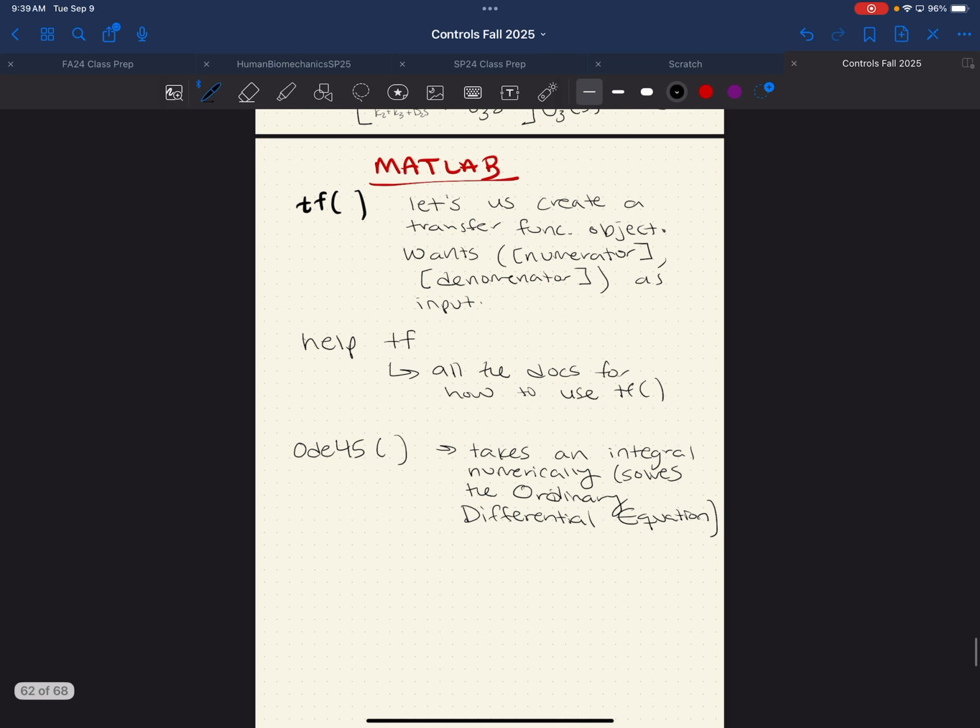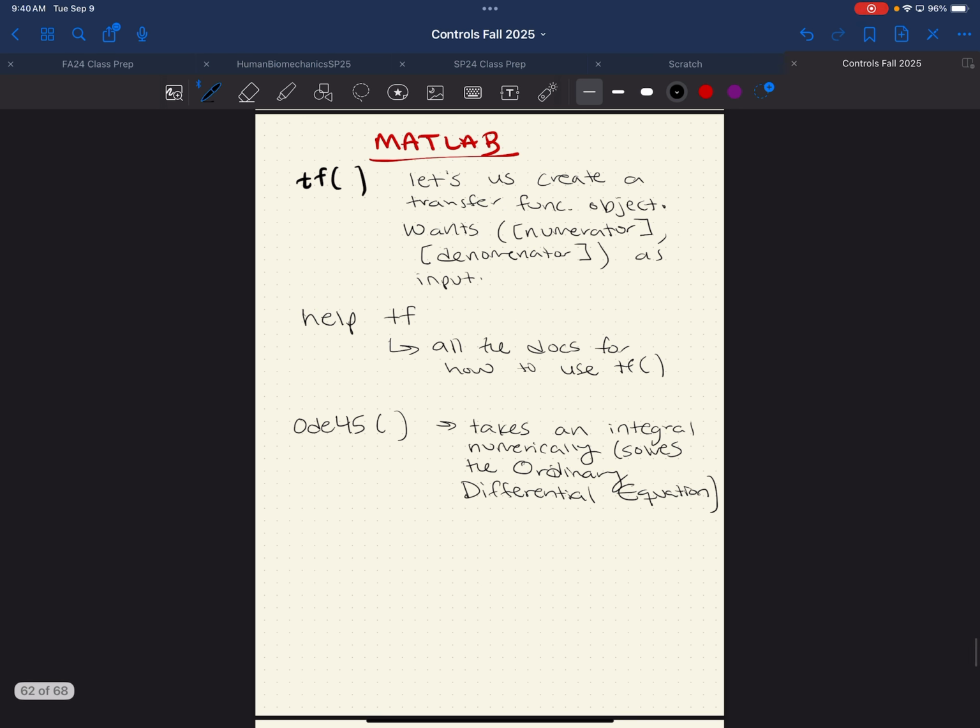And there's one last one that was probably on the really important list. What was the last really important one? State space, yeah, thank you. So SS stands for state space, and this is how we create a transfer function object by providing the state space matrices.